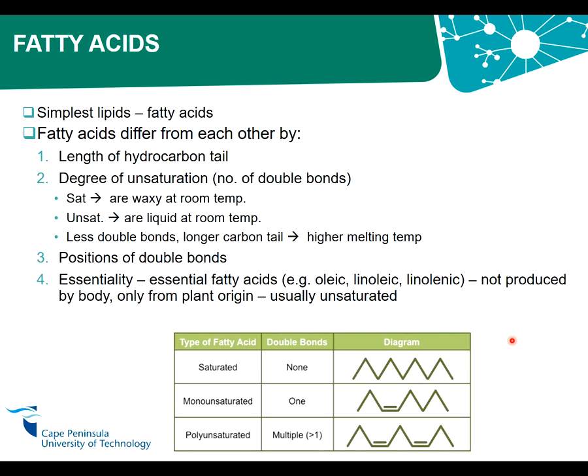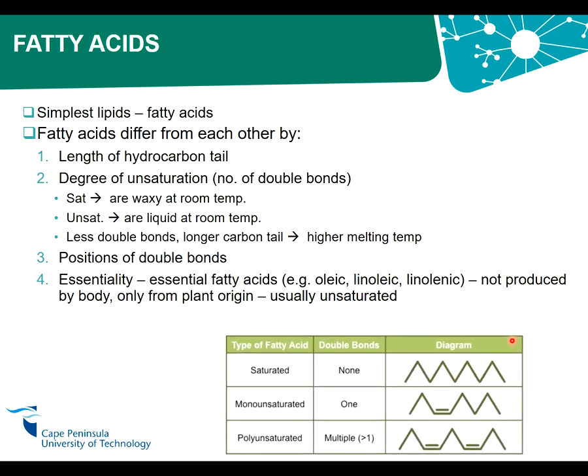So the simplest form or the building blocks of fats are the molecules which are known as fatty acids. The fatty acids differ from each other by the length of the hydrocarbon chain or tail.